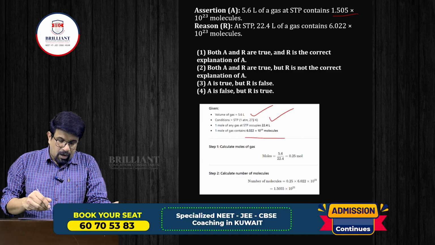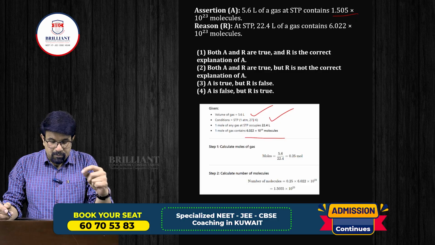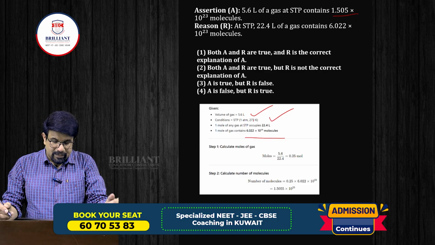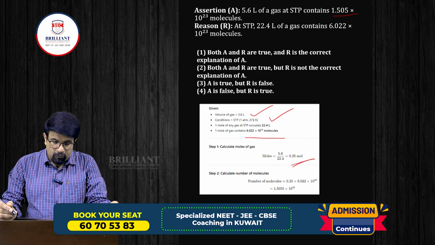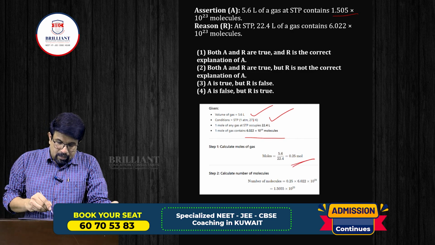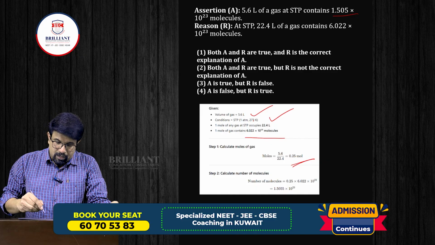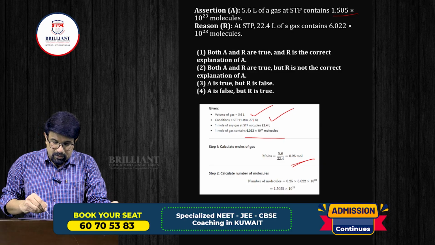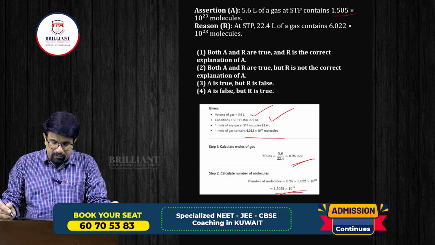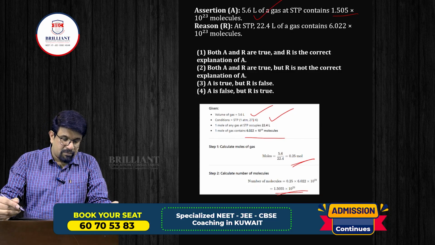How many moles? 5.6 liter divided by 22.4 liter, so it is 0.25 mole. The number of molecules is the number of moles into Avogadro number. So 0.25 into 6.022 into 10 raised to 23 gives 1.505 into 10 raised to 23. That's why the first statement is correct.